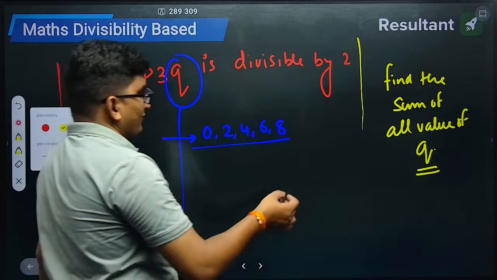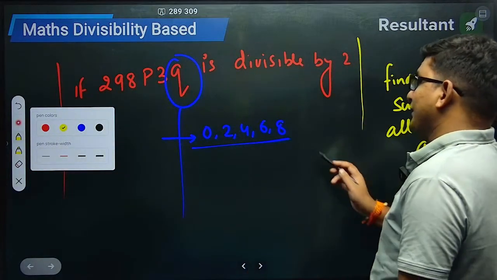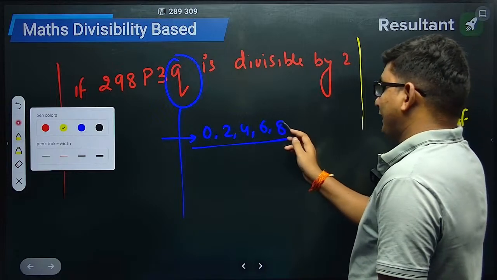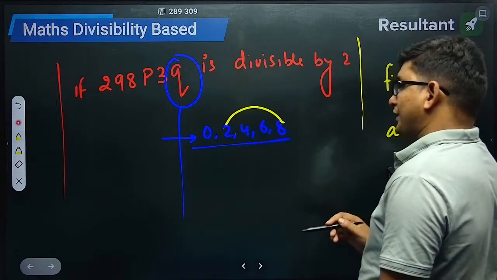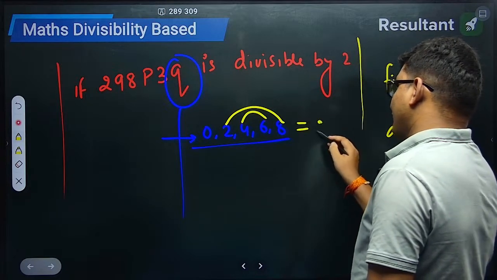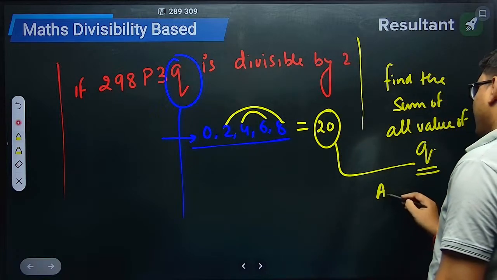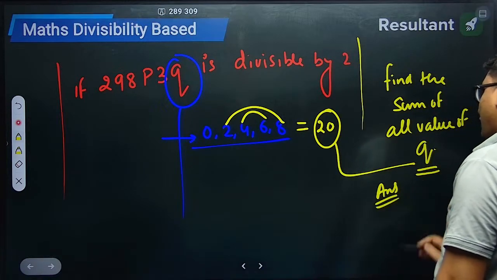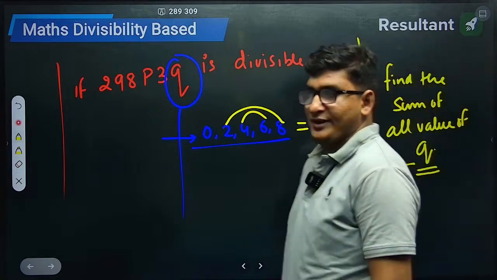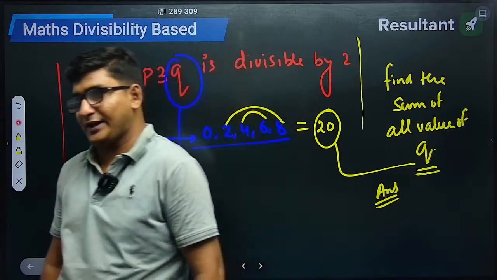So the examiner wants to know the sum of all the values: 8 and 2, 10; 6 plus 4, 10; the total sum will be 20. The answer will be what? The sum of all possible values of q will be 20. Correct?